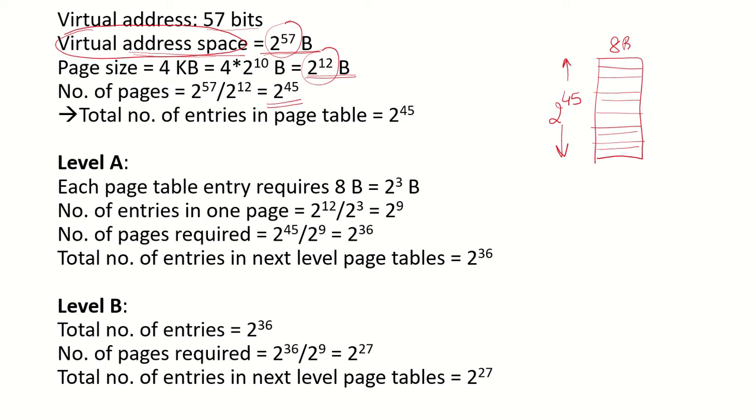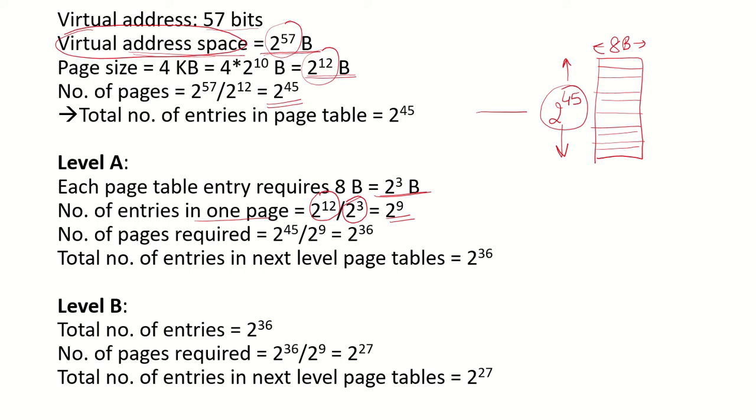Each entry, as given in the question, is 8 bytes. So now let's suppose that we just had one page table. In that case, there would be 2 to the power of 45 entries, and each page table entry requires 8 bytes. We also know that the number of entries in one page is the page size divided by the page table entry size, which is 2 to the power of 9.